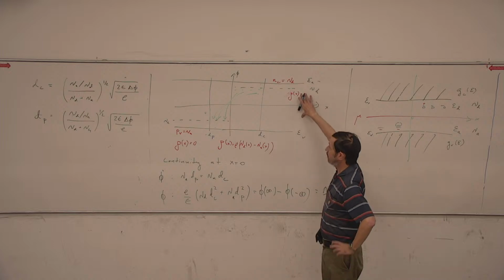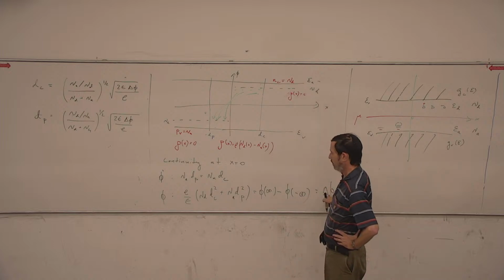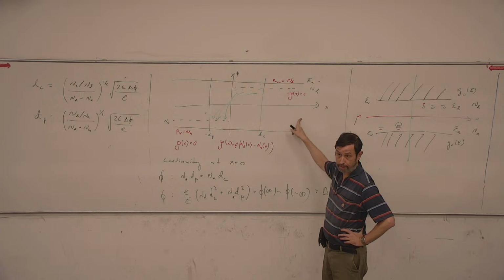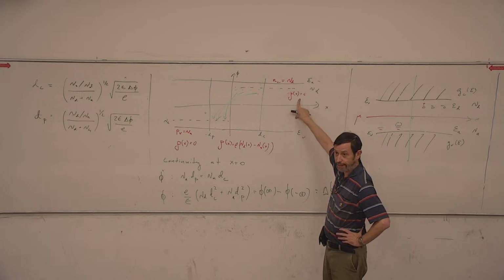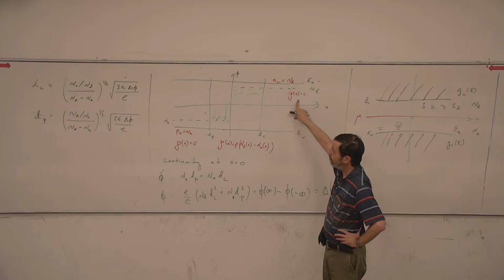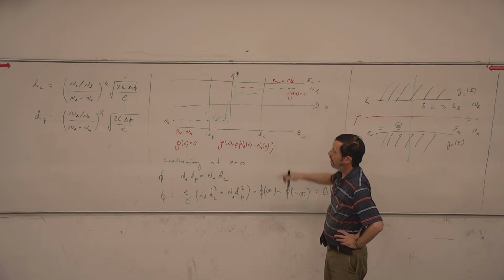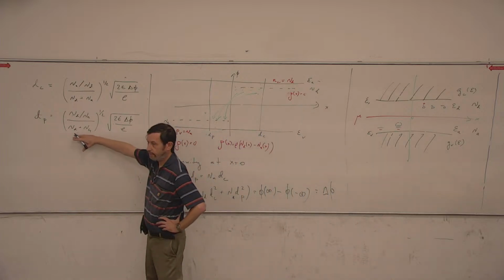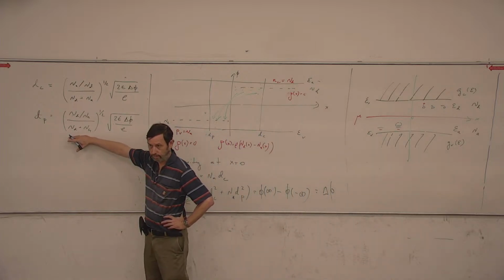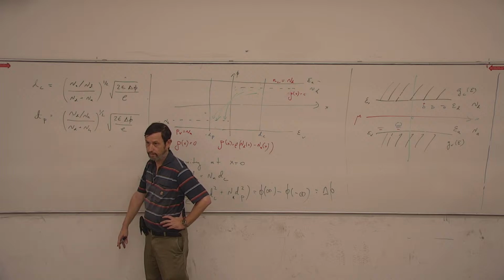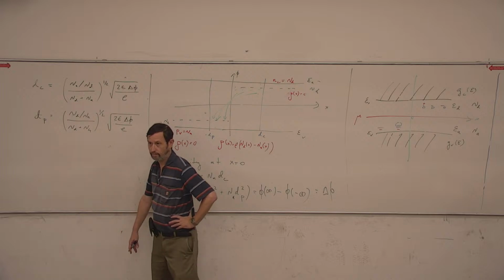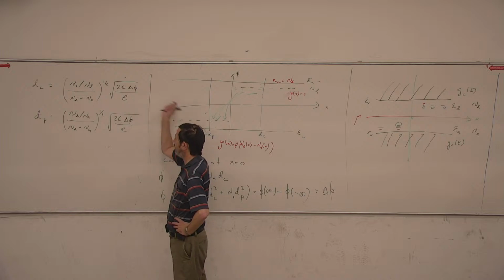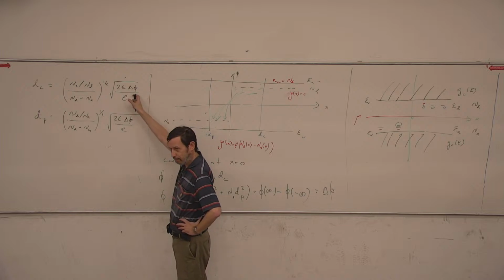Basically, this delta phi is material dependent. It depends on the size of the gap. Larger the gap, smaller the region. And I could play with the doping. Sorry, smaller the gap, the smaller the region.